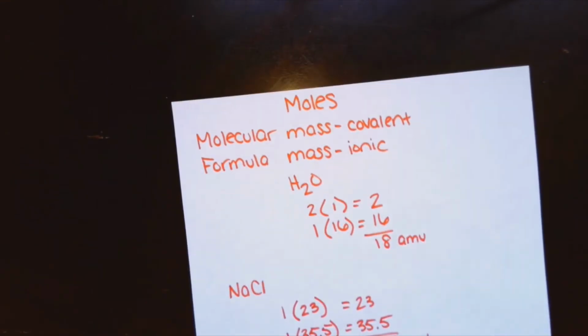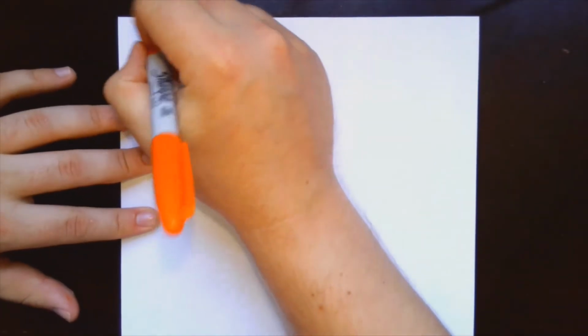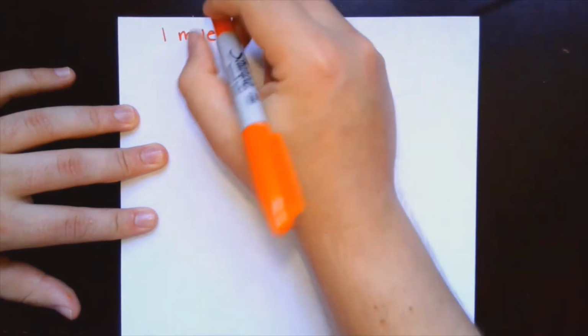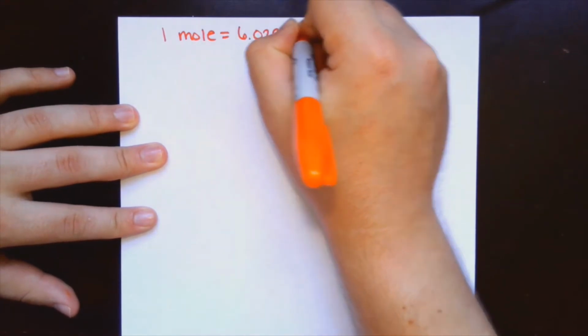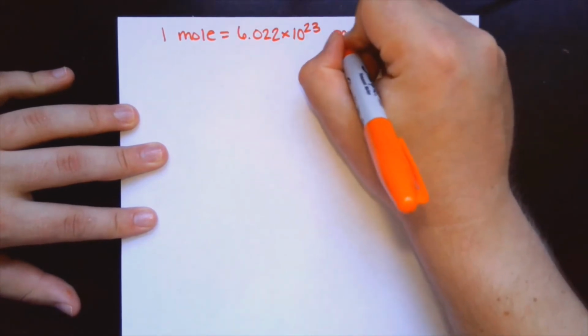So if I were to ask you what a dozen is, I'm sure you would tell me that it's 12 of something, right? Whatever kind of objects we're talking about, a dozen is 12 of those. Well, similarly, 1 mole equals 6.022 times 10 to the 23rd particles of whatever we're talking about at the time.